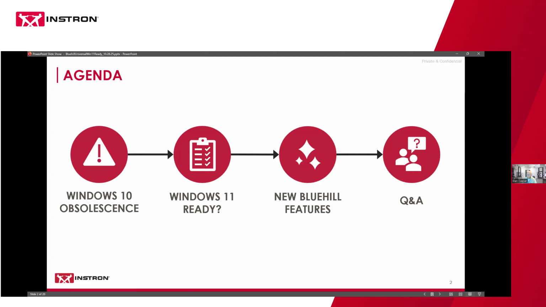Certainly, if you are updating through the need for Windows support, I just wanted to give you a heads up on some of the features you can look forward to. And then, as Nick said, we can get to any questions you have. So again, if things come to mind while I'm talking, just enter those into the chat and we can get to those at the end.